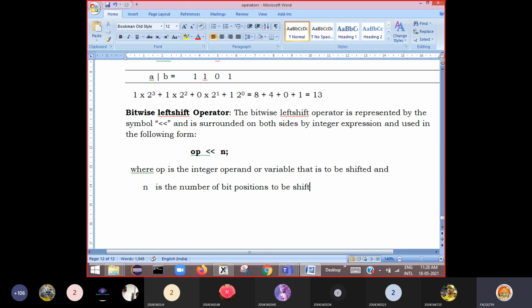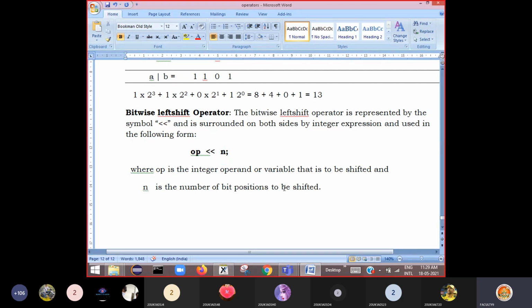How many bit positions you want to shift towards the left is indicated by this n. This is how we use it: any variable you can use here, and in this variable I want to shift all the bits towards left by n positions. All the bits I want to move towards left by 3 positions or 2 positions. That n indicates how many positions you want to move.